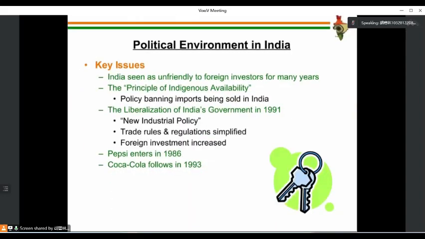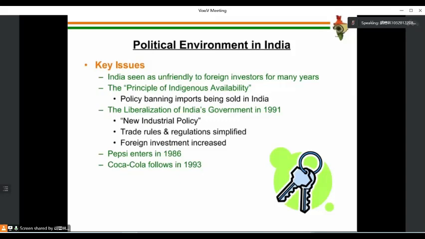I would like to talk about the political environment in India during that time. Like I said just now, India was seen as not so friendly due to its closed economy. A lot of investors lost a lot of profits when doing business in India, and they banned a lot of imports in the Indian market because they encouraged domestic businesses.